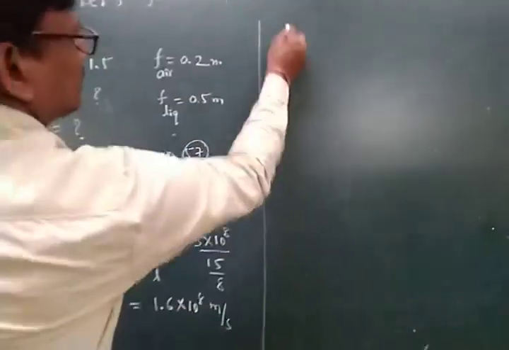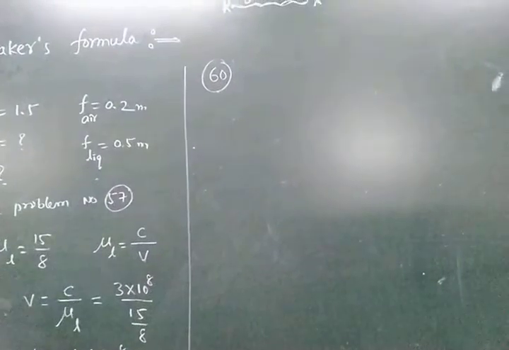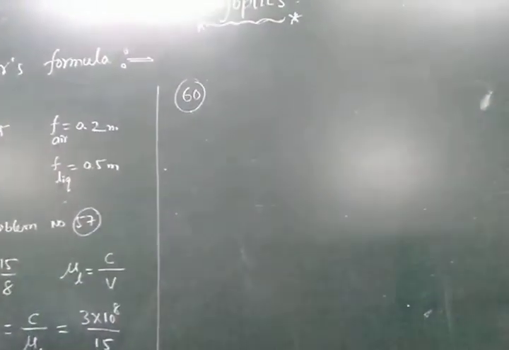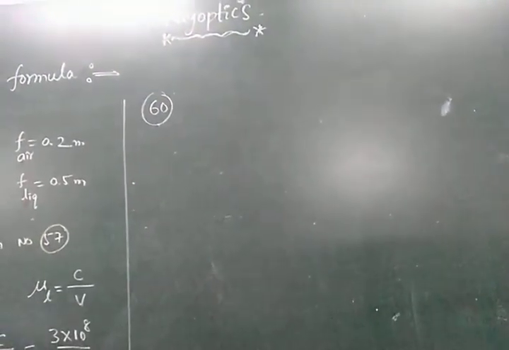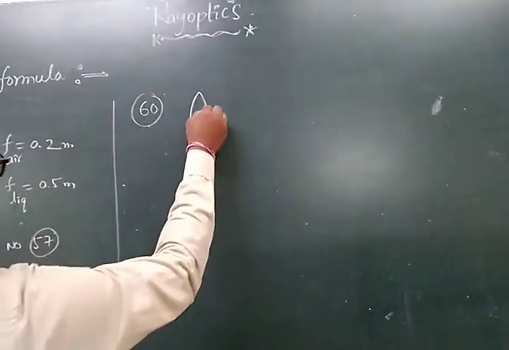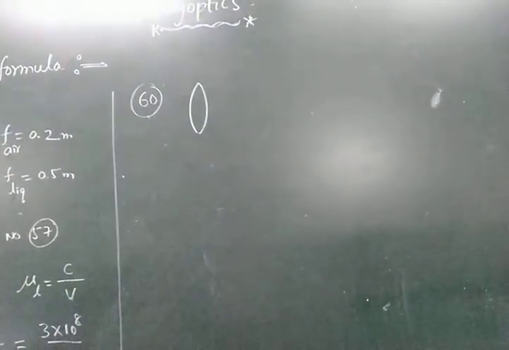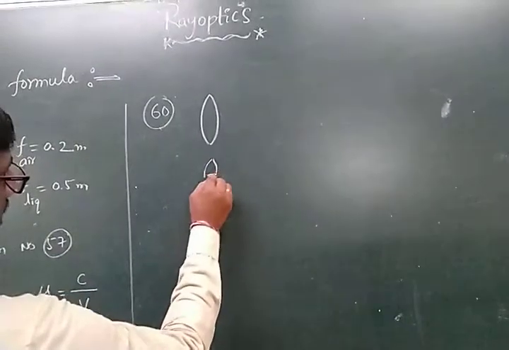Next, see question number 60. A thin double convex lens is cut into equal pieces A and B, the plane being parallel to the principal axis. Actually, this is the double convex lens, and it is cut parallel to the principal axis.